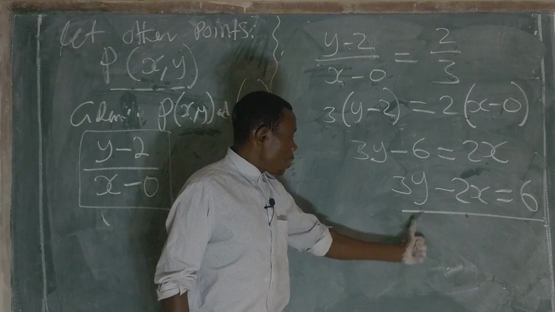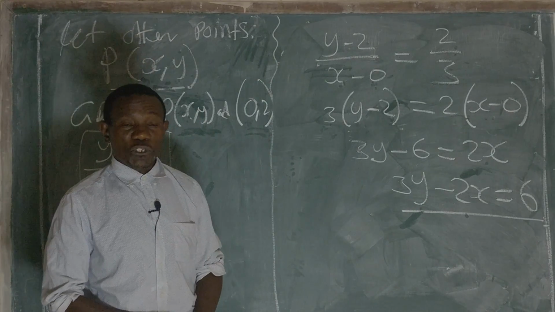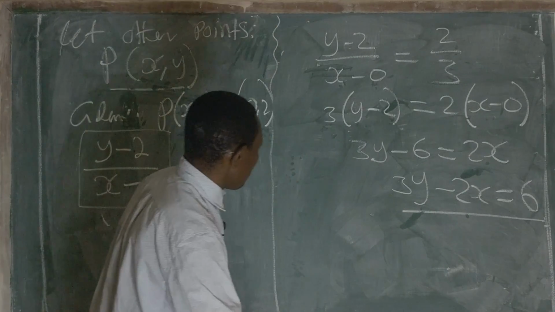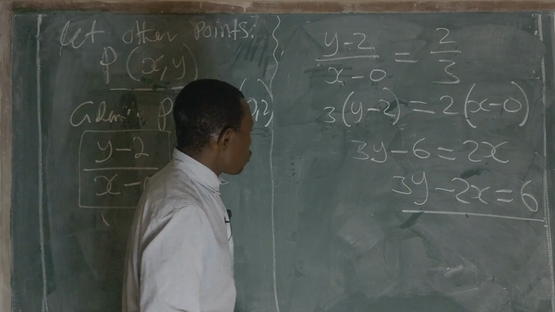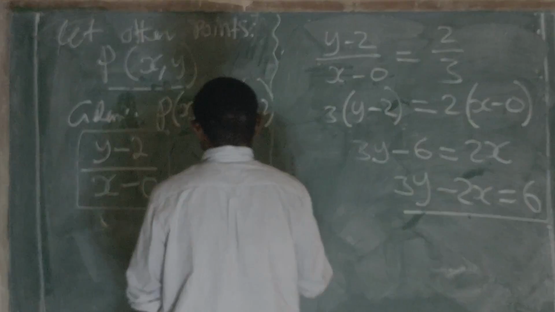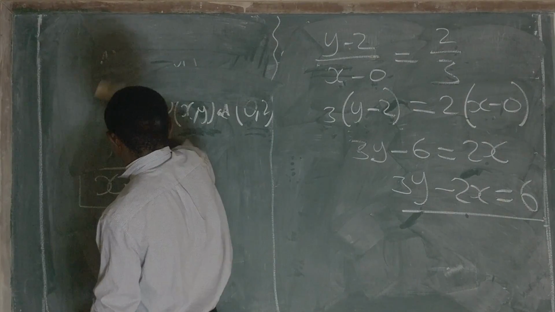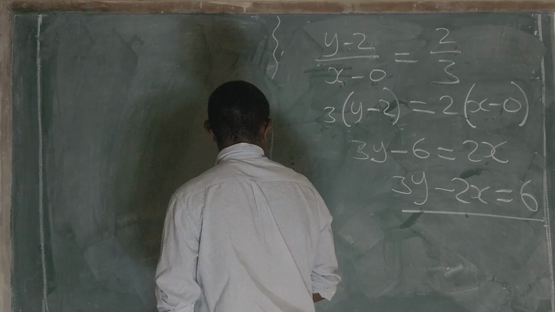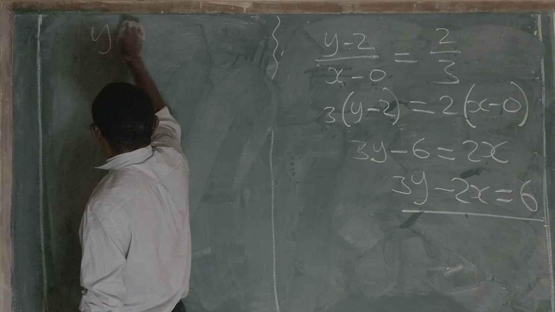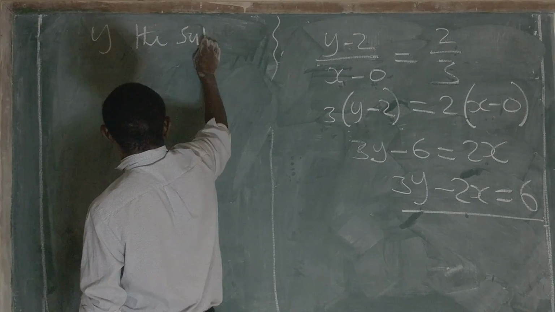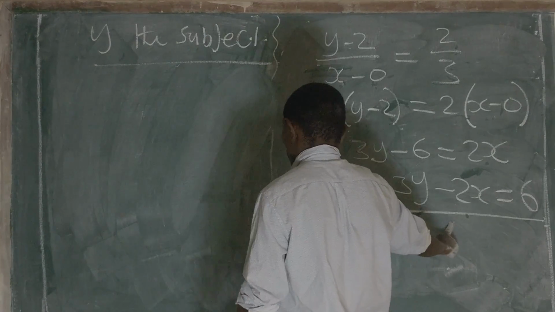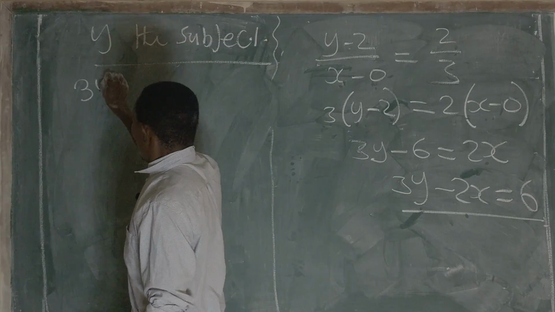By making y the subject, y should be found on its own side. Let's try to do that. In attempting to make y the subject, this is what we have.